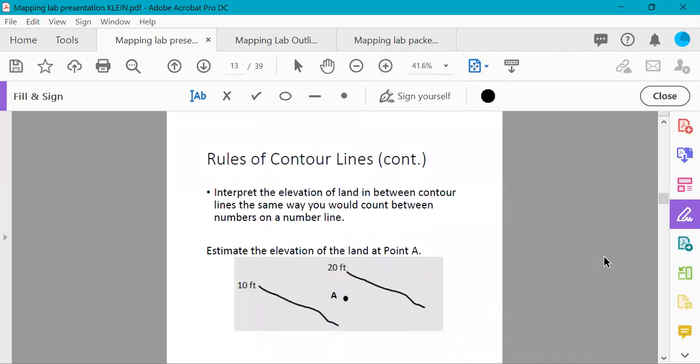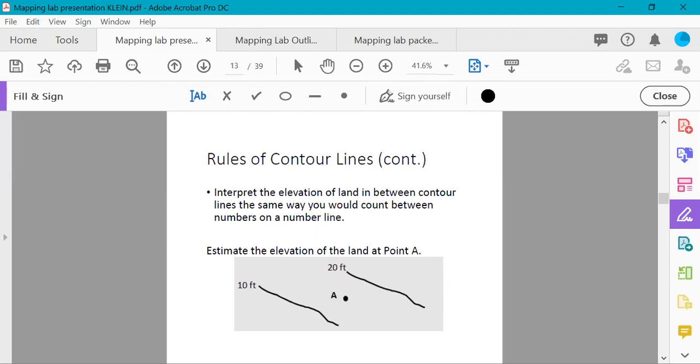So what happens when points on the land are not on a contour line? We can interpret the elevation of land that's in between contour lines the same way that you would count between numbers on a number line. So if this is a 10-foot contour line and that's a 20-foot contour line, but let's say you have something at point A that you want to find the elevation of.